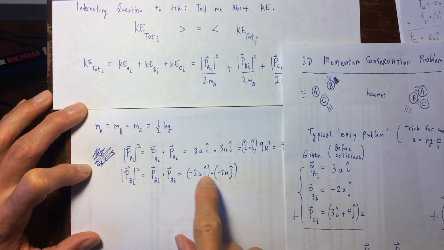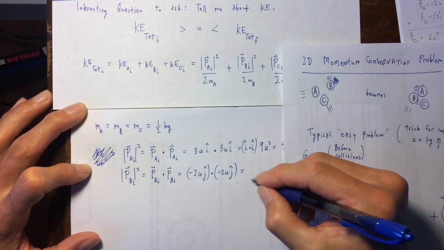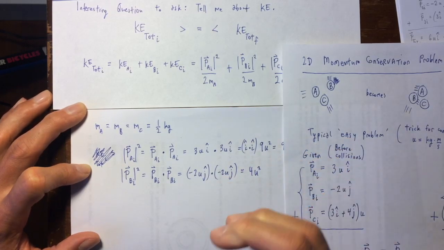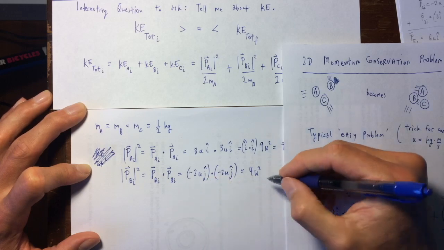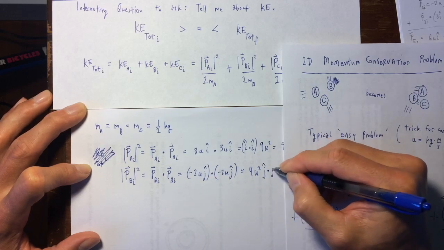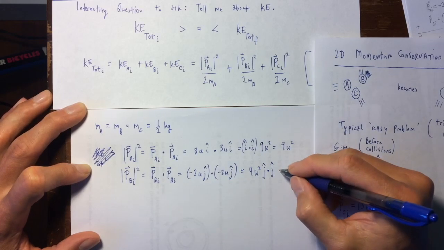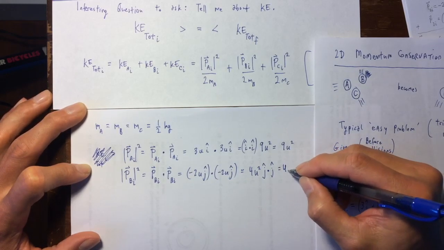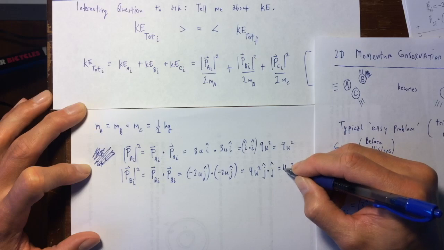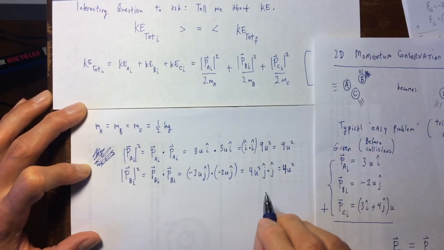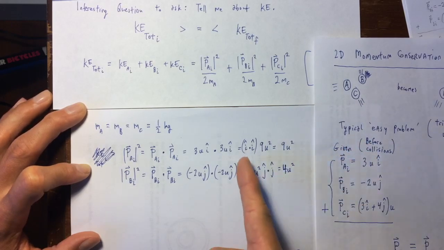So minus 2u times minus 2u equals 4u squared. j hat dot j hat is the vectors dotted, and then you get 4u squared, that's a 4, u squared, j hat dot j hat is 1, just like i hat dot i hat.